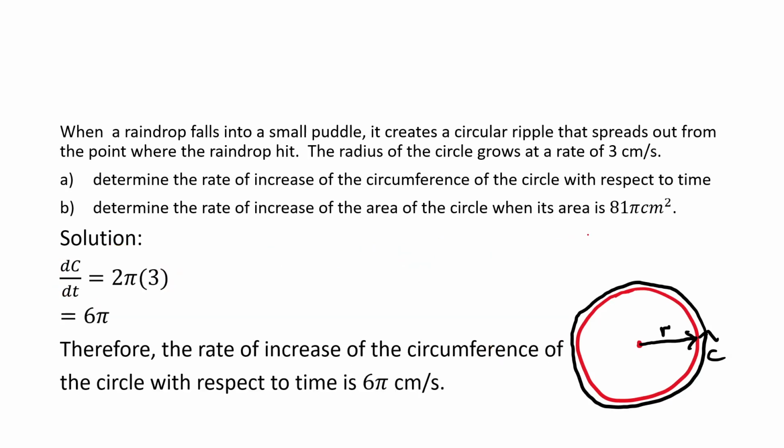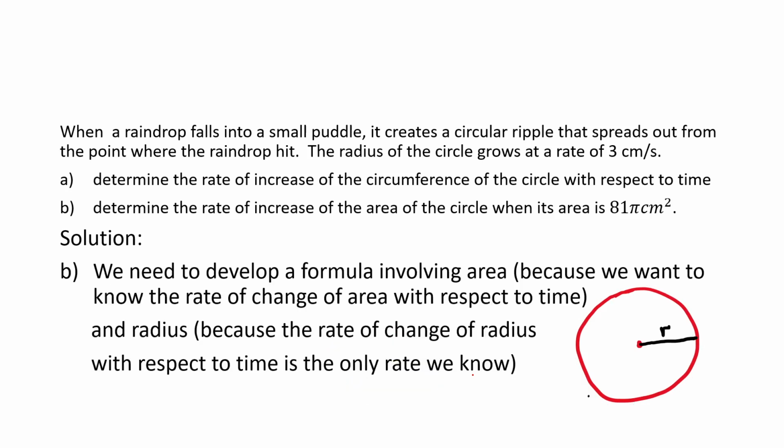Okay? Now, we have to keep in mind what the units are. Circumference is measured in centimeters, and time is measured in seconds, so that 6 pi is 6 pi centimeters per second.